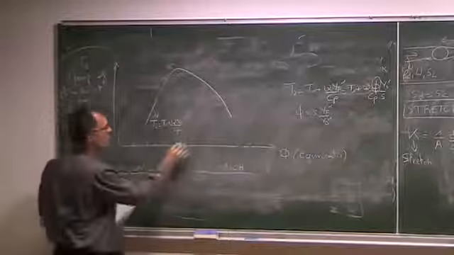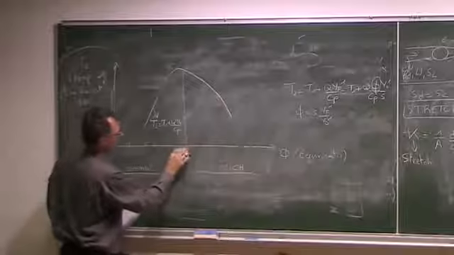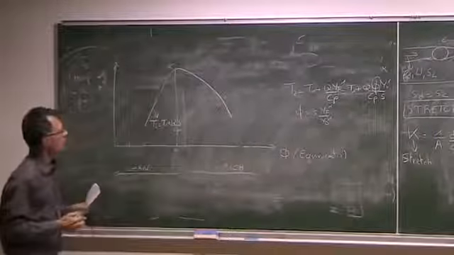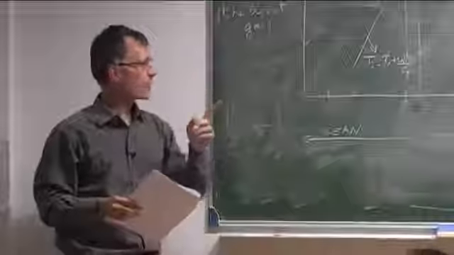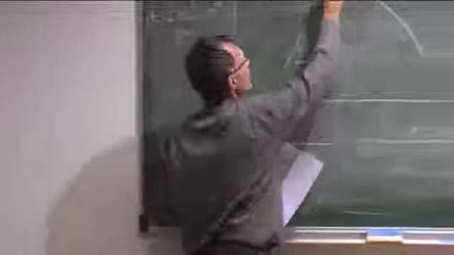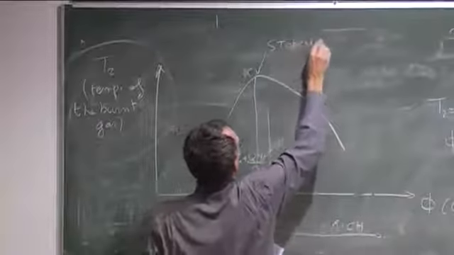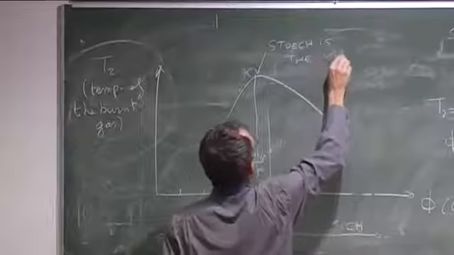And the maximum is close to 1. Depends. Usually it's on the other side. I should have put 1 here. And the curve looks like this one. Now, as you can see, that means that the stoichiometric point here is the warmest in general.